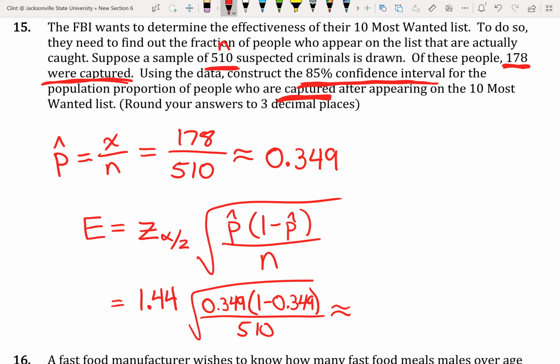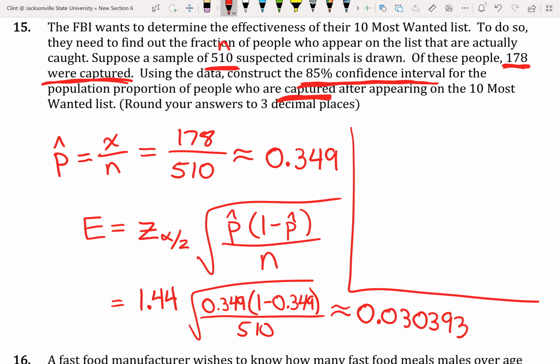So I'll do the square root of 0.349 times parenthesis 1 minus 0.349, close parenthesis, divided by 510. And it gives me 0.0211, a bunch of junk. And then we do times 1.44 to get our margin of error here, which is 0.030393.